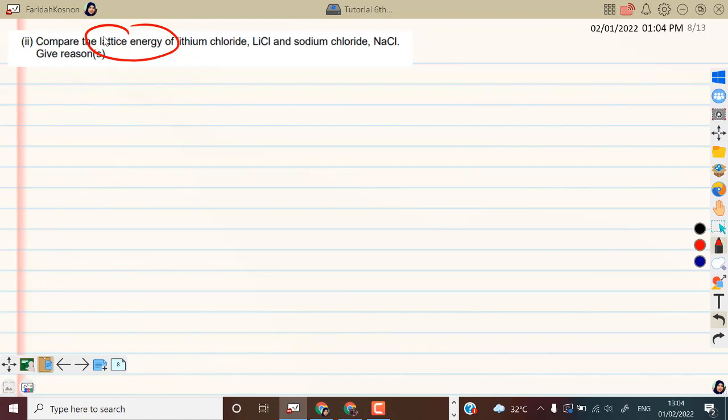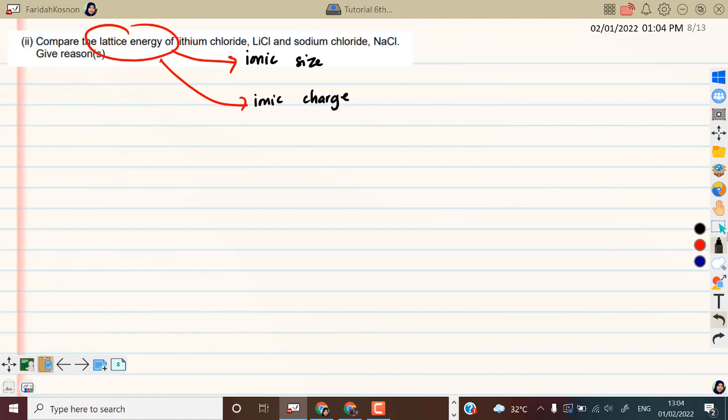We have to identify the factors that affect the lattice energy. Untuk lattice energy ni ada dua faktor yang mempengaruhi dia. So, tolong tengok nota. We have ionic size and another one is ionic charges.